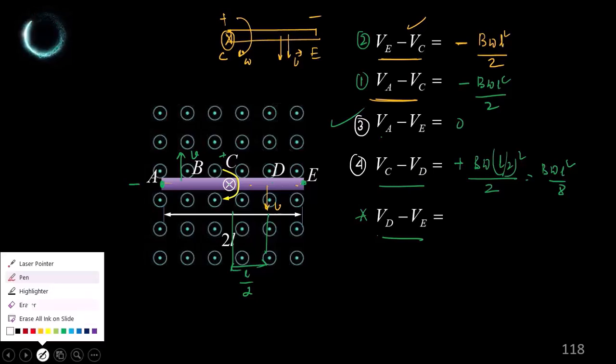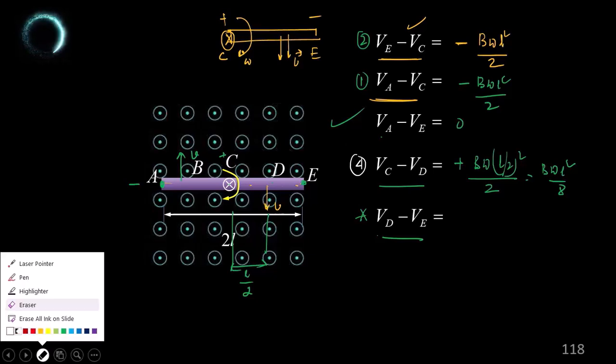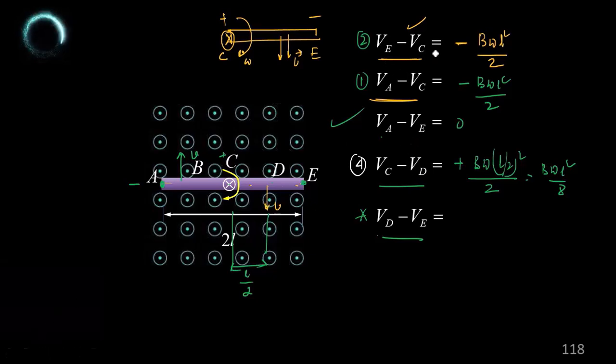So if you subtract equation 2 and 4, VE minus VC, so I am subtracting 2 and 4. So what am I getting? VE minus VC, minus VC plus VD. Then VC add VE minus VC, minus VC. So you add these two.